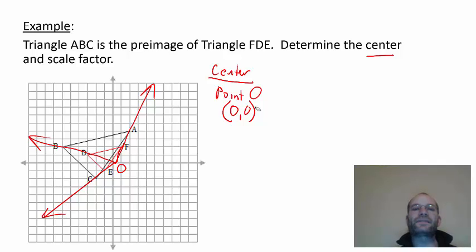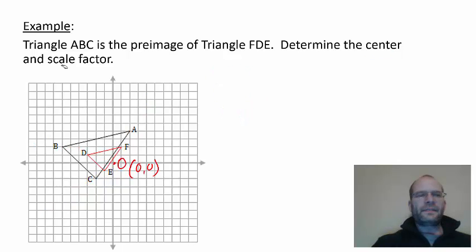In fact, in lots of texts, the default center of dilation is the origin, and there are a couple of reasons for that. Number one, it's just easier to standardize, but number two, it makes calculating the values and the coordinates of the points very easy if my center is at 0, 0, because mathematically 0, 0 is just very easy to work with.